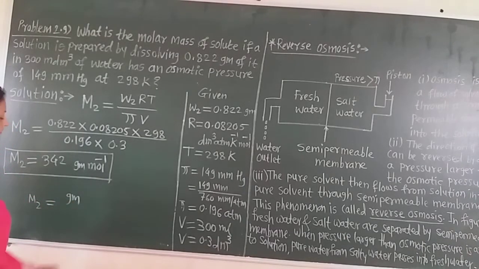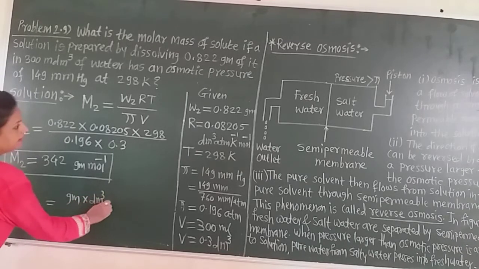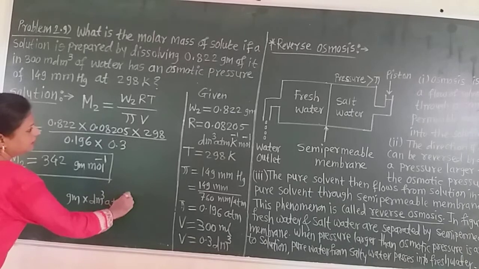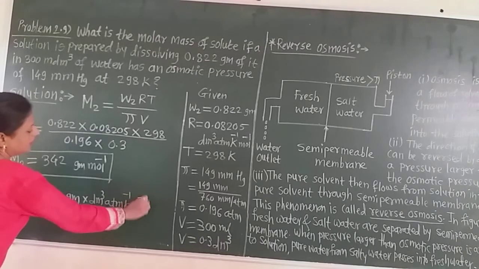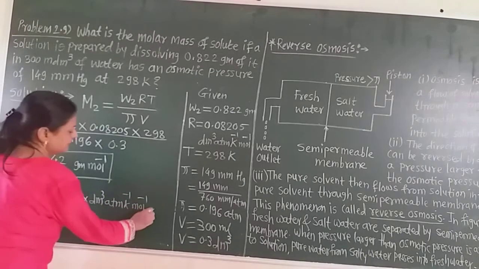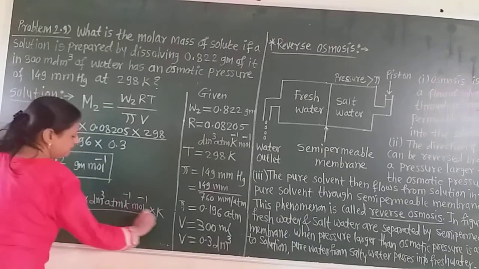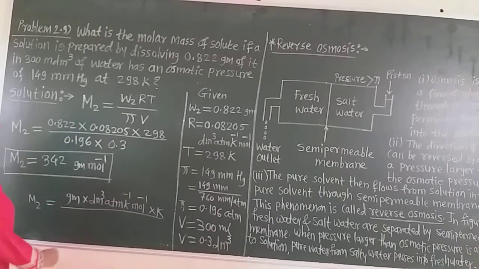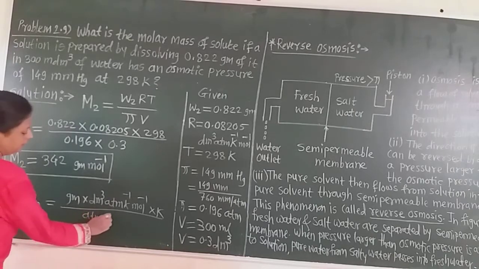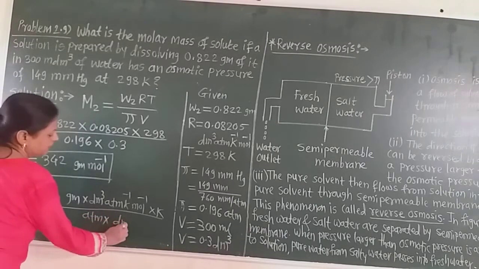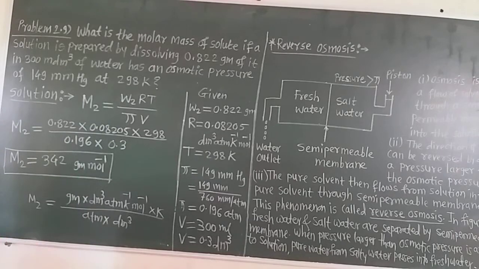Then R is given in dm³ atm per Kelvin per mole, and temperature is in Kelvin, and again this is divided by atm into dm³. Now see here how this unit is obtained. Now this value 342 is obtained by multiplying all these above quantities and dividing by the multiplication of these two quantities.